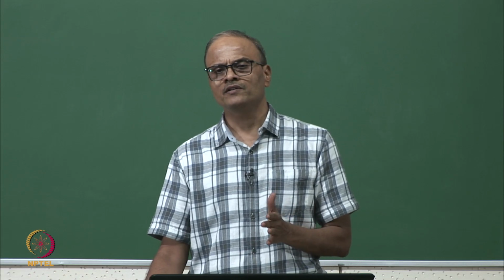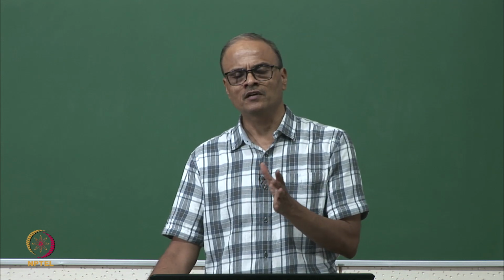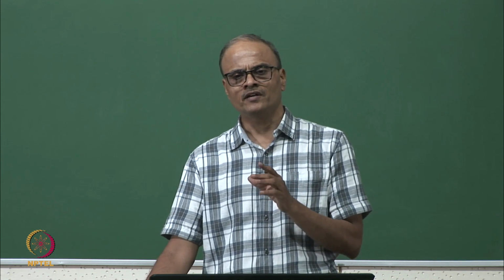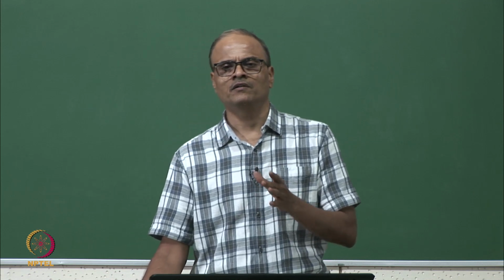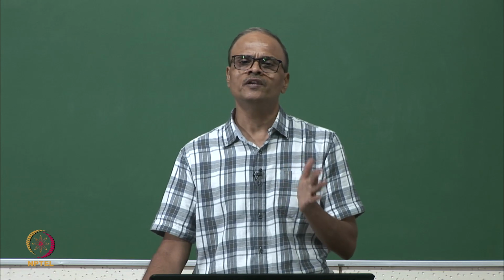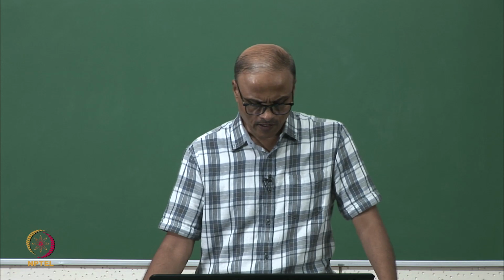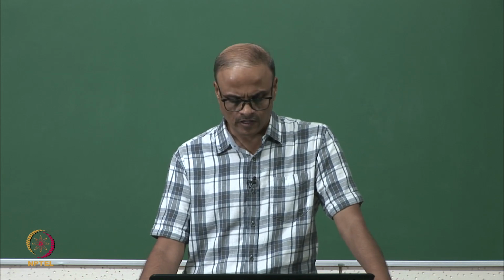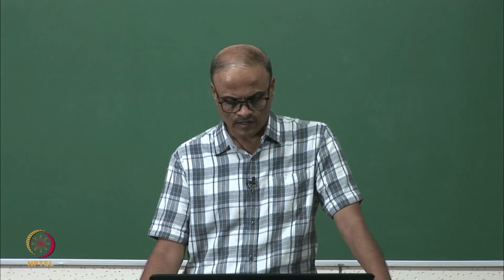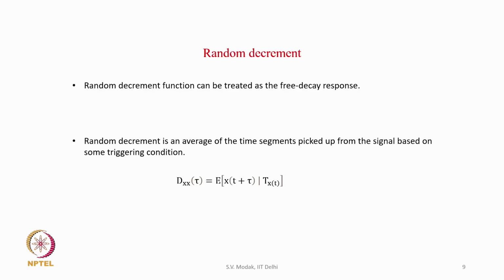So, random decrement essentially picks up certain time segments from a random time history utilizing a certain triggering condition, and these time segments are then averaged. It is seen that the average time history corresponds to the free decay response of the structure. The random decrement D_xx(tau) is defined as the expected value of the time segments x(t + tau) chosen when the triggering condition T on x(t) is satisfied.